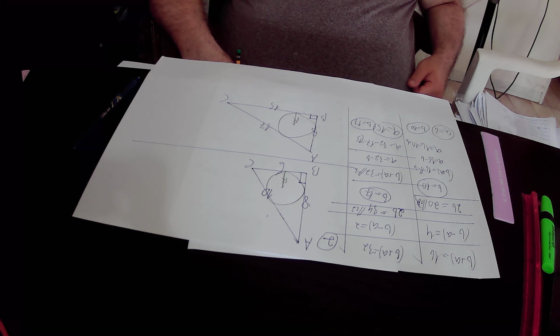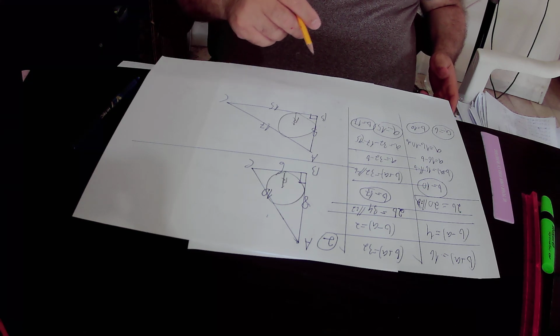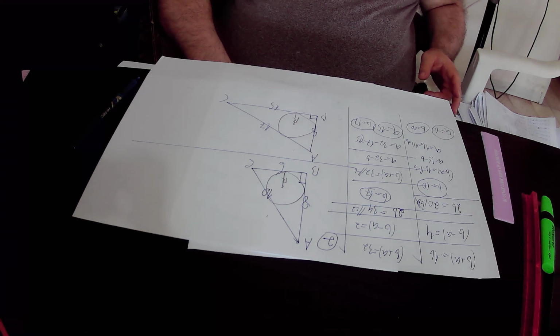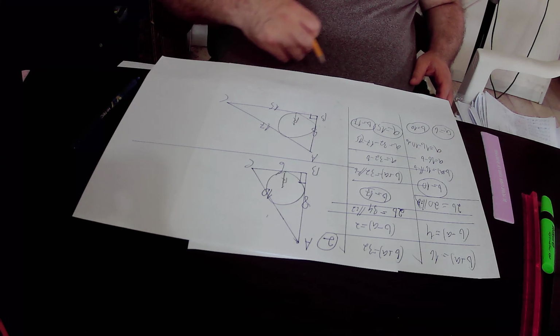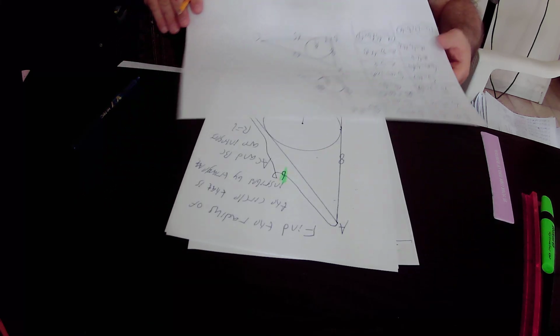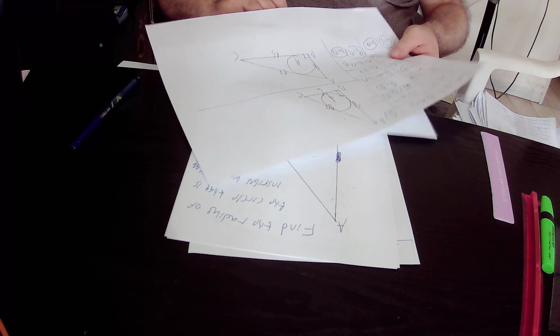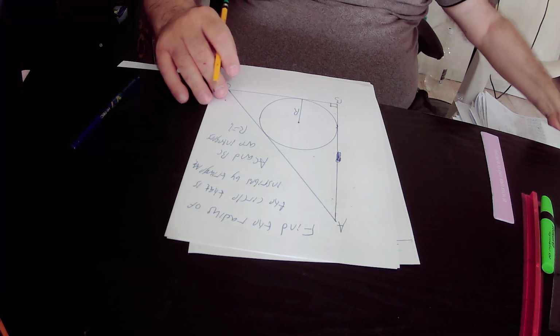In order to find the radii of the two right triangles, we have to find the radii of the two circles that are inscribed in the right triangles. To do that, we will take a right triangle that could be any right triangle.